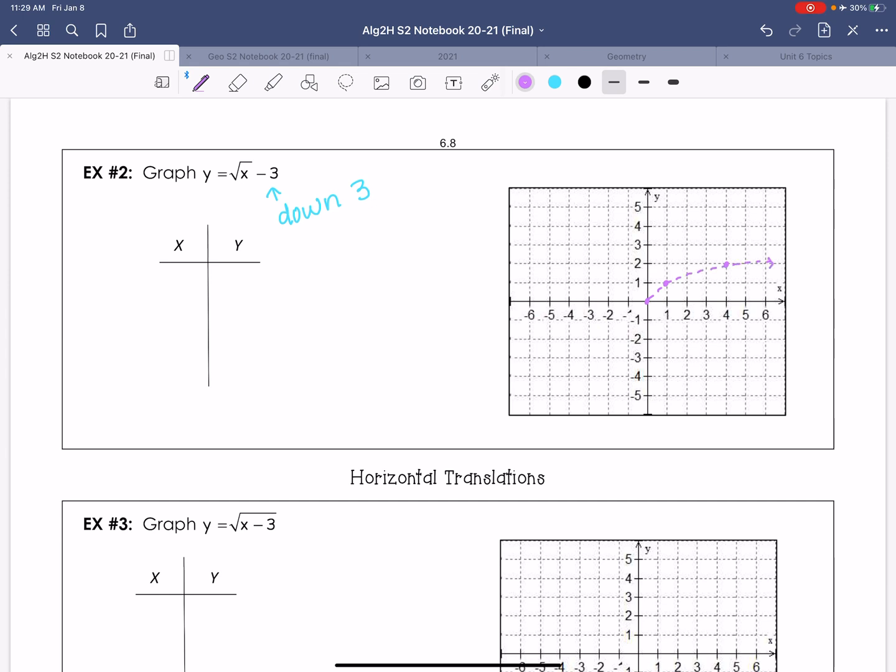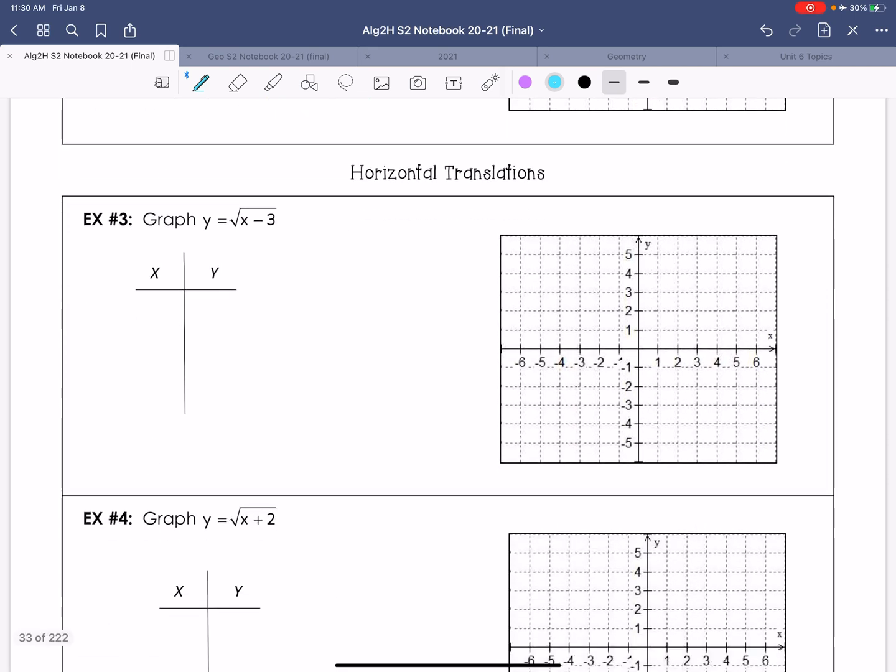I went up 1 over 1, up 1 over 3, up 1 over 5, and we're going to take those points and move them down 3. So all of those points move down 3, and this is my final graph. So hopefully this is really easy because we know our transformations. The only new thing you're learning is that parent function.